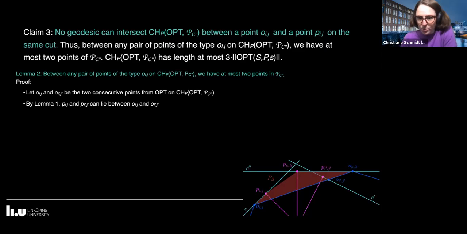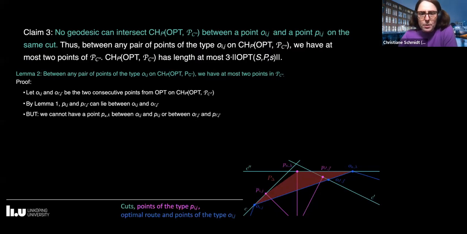So if you look at the lower right-hand side there, you have in blue the points that opt visits, in pink our candidate points. It's where the geodesics that you see in pink hit our cuts, and the turquoise ones are the cuts that we visit. And so we visit Oij and then Oi prime j prime.